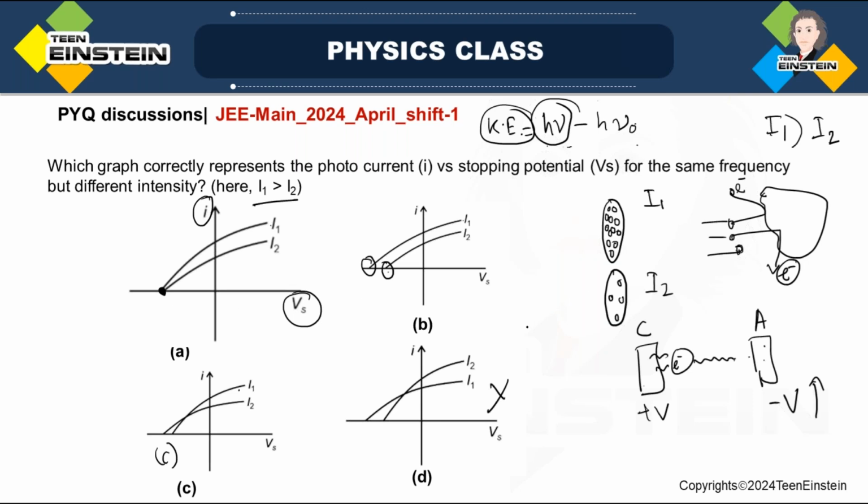So stopping potential depends on the incident frequency, but not the intensity. So look, the first option, option A, will be the correct answer for this question.